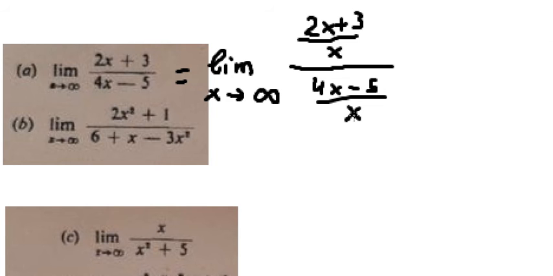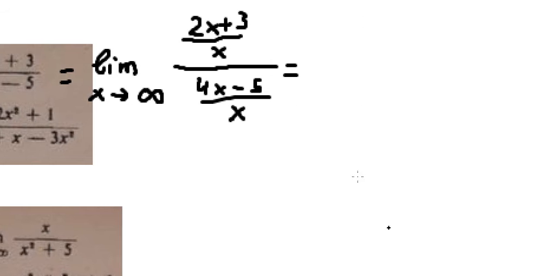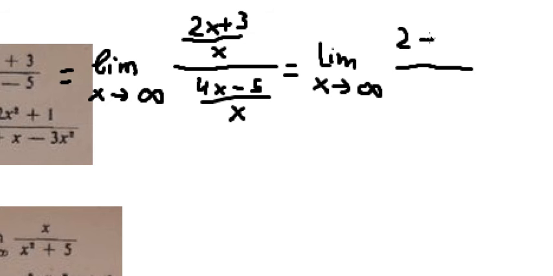For s divided by s, you get the number 4. So this one we have 2 plus 3 over s. This one we have 4 minus 5 over s.